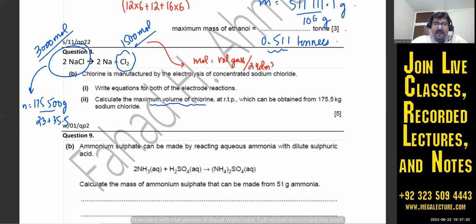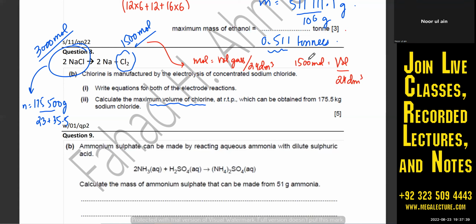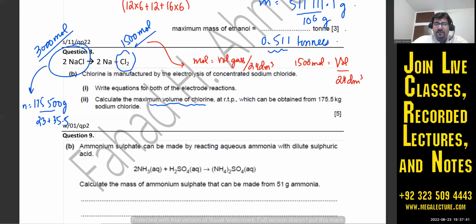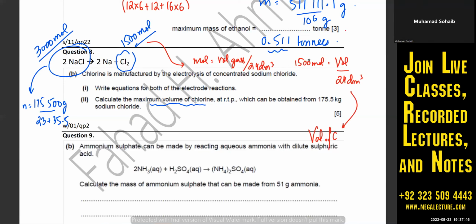It's 1,500 moles of chlorine gas. Its volume will come out. It's only volume divided by 24 dm cube. So all you have to do is multiply 24 by 1,500. What does it come to? 36,000. Yeah, so the volume comes out to be 36,000.